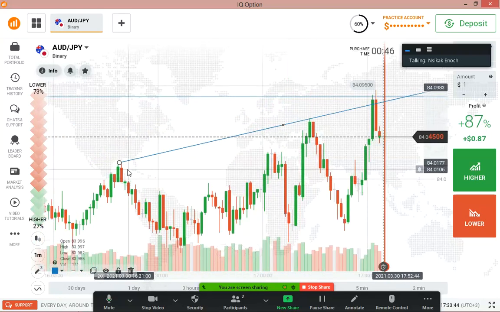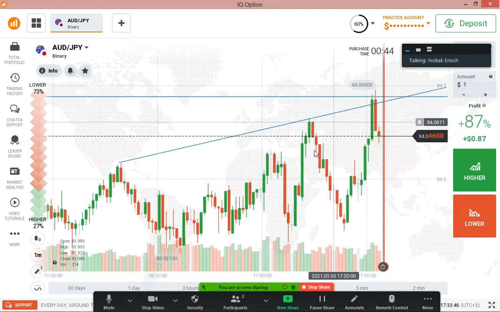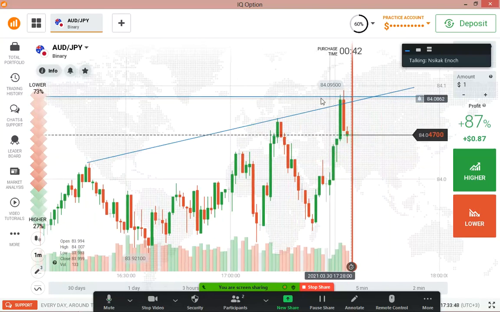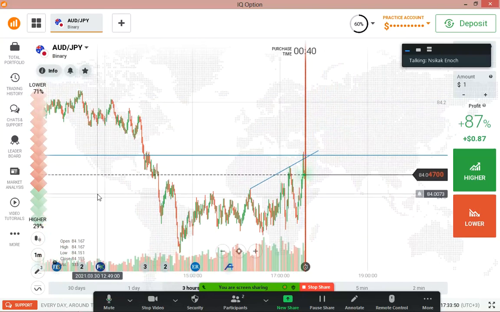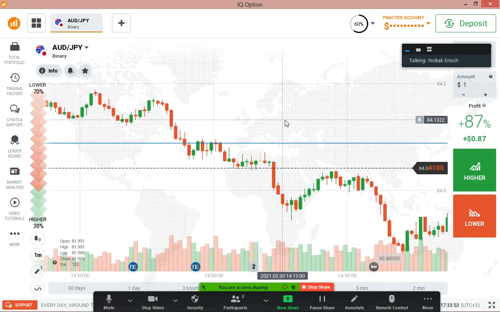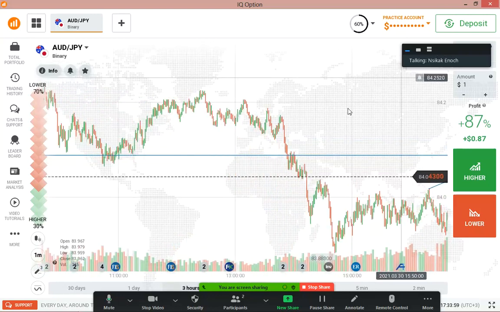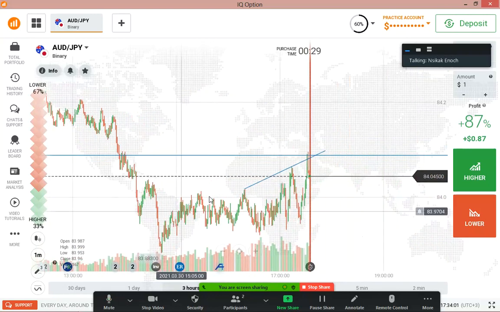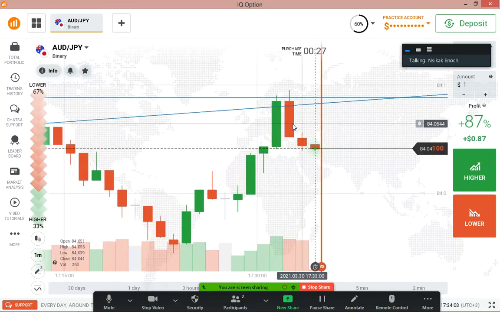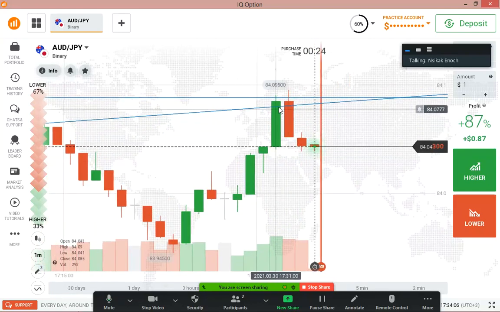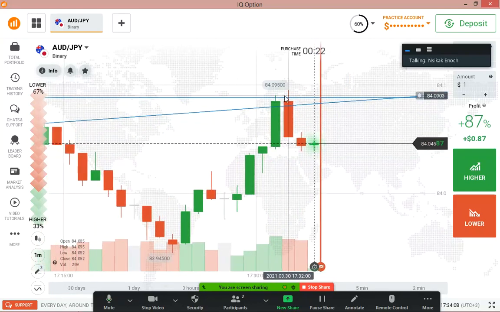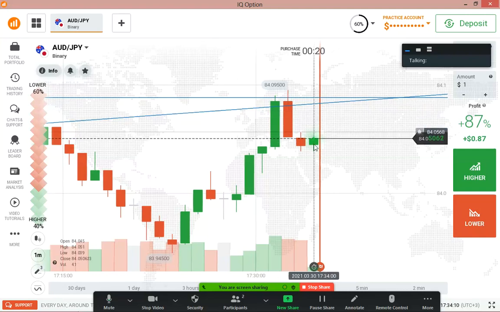Okay, that means sellers entered here, sellers entered here. So the third time sellers must enter. And now horizontally, I have to check on the left side also. On the left side, we can also see sellers entered here. Sellers also entered here. So anytime I see a situation like this, I must know that sellers must definitely enter, because this is the point at which we expect sellers to enter.